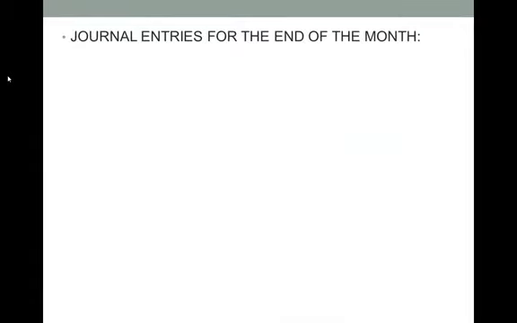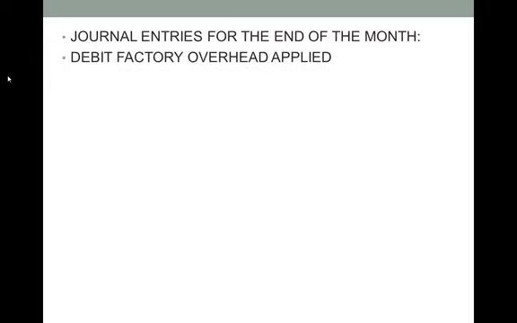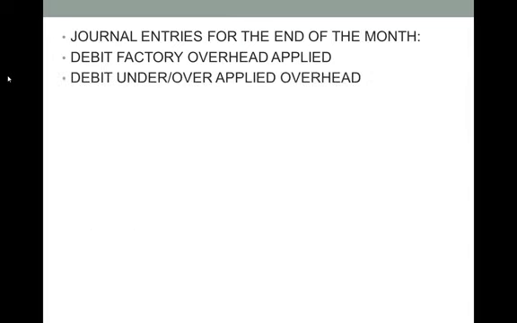Next, journal entries of factory overhead for the end of the month. How do we record it? Debit factory overhead applied, and then debit also under over applied overhead, and then credit factory overhead.